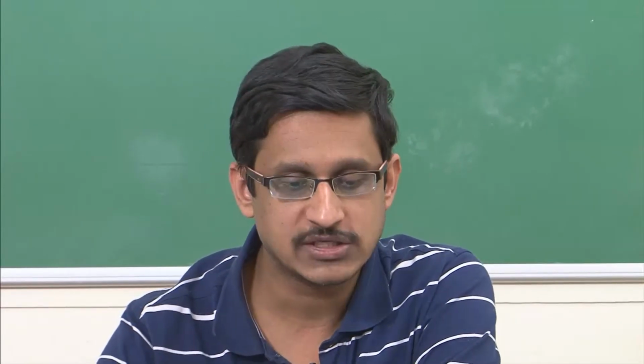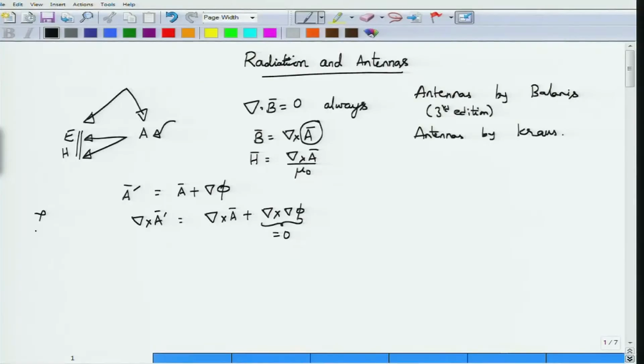Voltage at one point by itself does not tell you anything, but the voltage difference between 2 points is what we are interested in. One point we call the reference, and the other is the point we are interested in. So because of that there is this ambiguity in A which we understand, but we don't really do anything about this except saying that there is an ambiguity of gradient of phi. At least for now let us accept this.